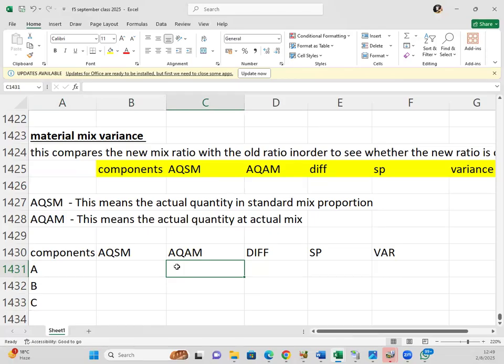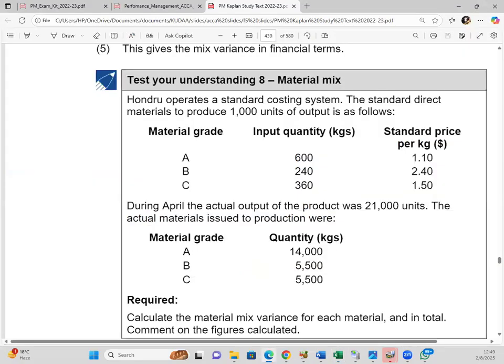So you're looking at the actual results, not 14,000, right? We are looking at the bottom. For those that did not manage to take a pic, kindly take the pictures. So we are looking at this lower table. Why? This is the actual materials used. So that's what we want. For A, for B, for C, 14, the 5.5, and the 5.5.